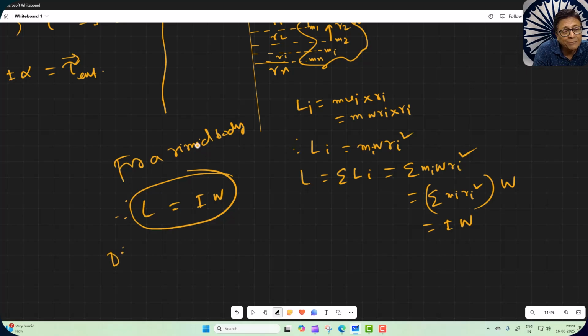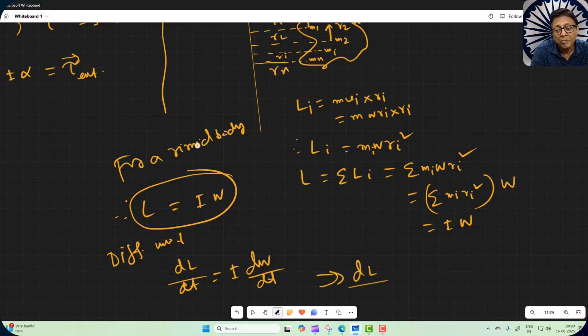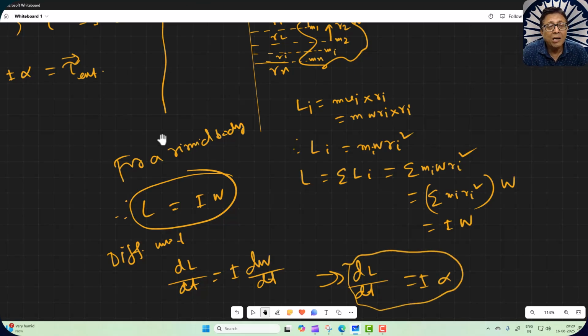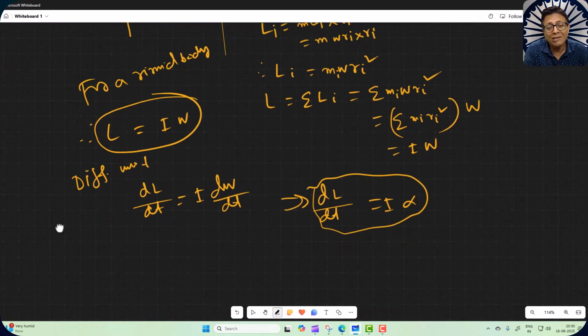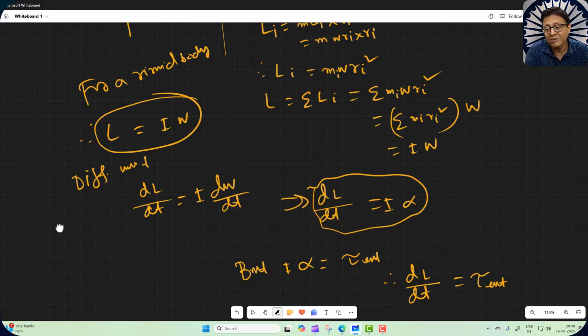Now differentiating with respect to t, what do you get? dL by dt will be I d omega by dt. So dL by dt equal to I alpha, because d omega by dt is alpha. But I alpha is tau external. Therefore, dL by dt equal to tau external.